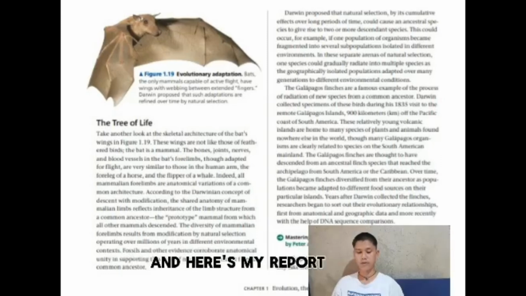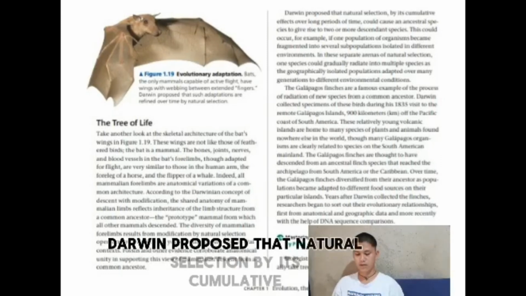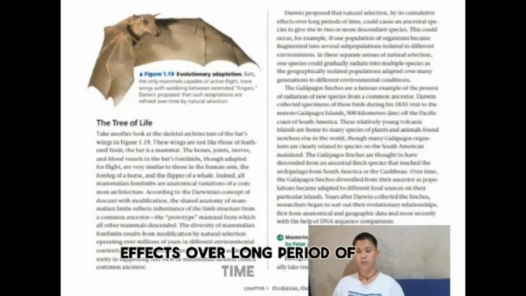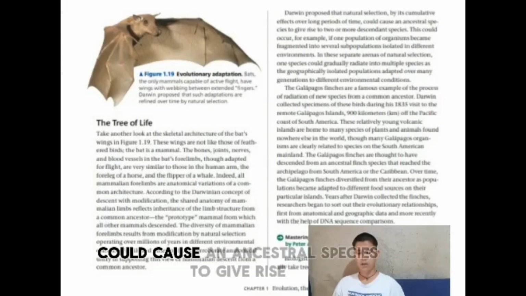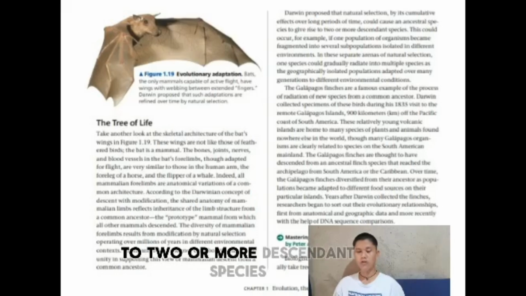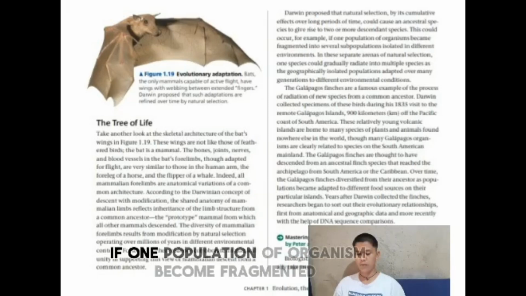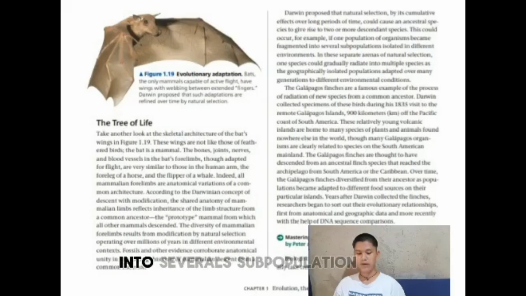Here's my report. Darwin proposes that natural selection, by its cumulative effects over a long period of time, could cause an ancestral species to give rise to two or more descendant species. This could occur, for example, if one population of organisms becomes fragmented into several subpopulations isolated in different environments.